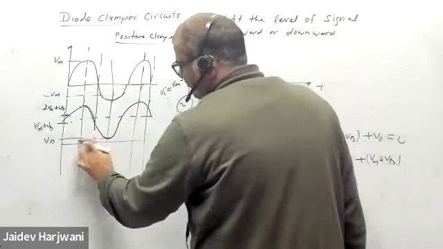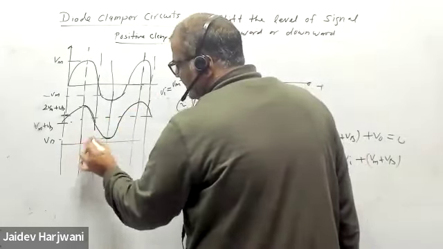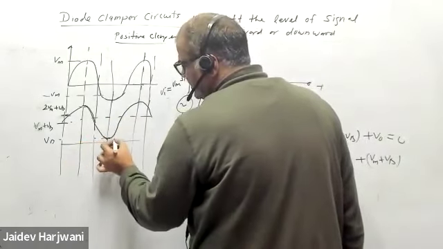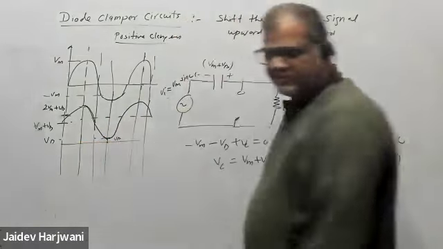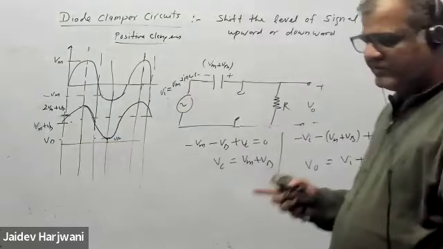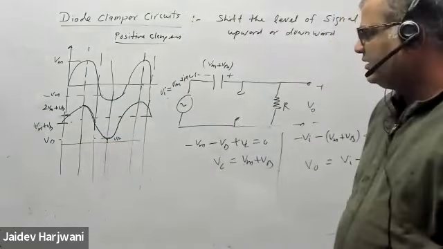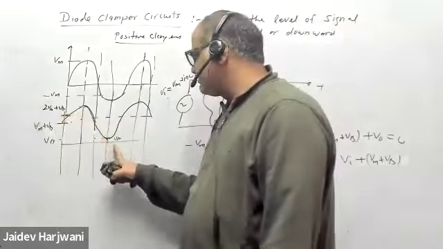So earlier it was shifting by VM on the upper side, now it should be shifting by VM plus VB. The difference between VM plus VB and minus VM plus VB is always 2VM.